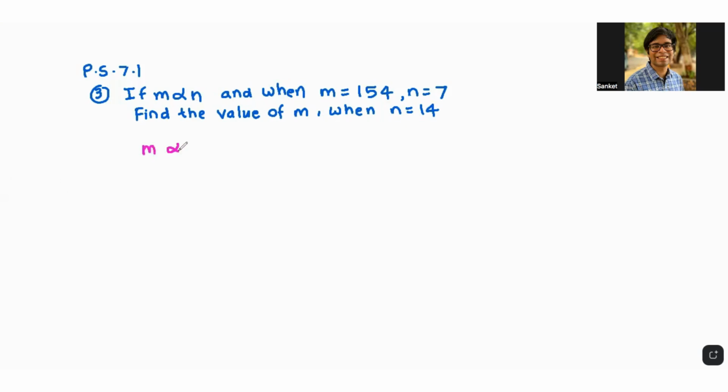M is directly proportional to n. I'm going to remove this proportionality symbol by introducing equal to symbol. But at that time, I need to introduce my constant of proportionality. So here my K is the constant of proportionality.